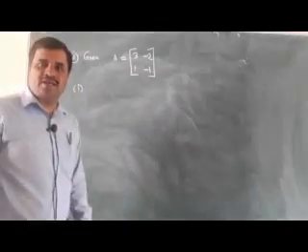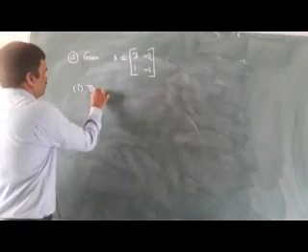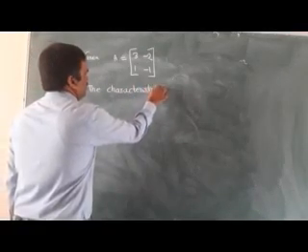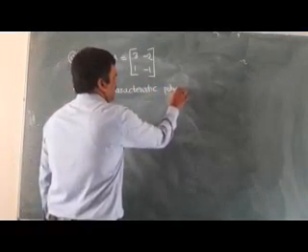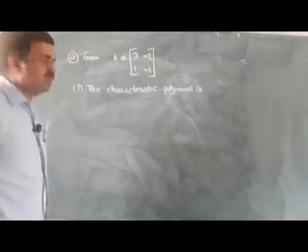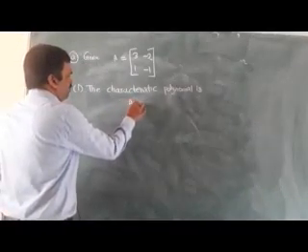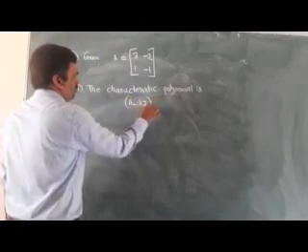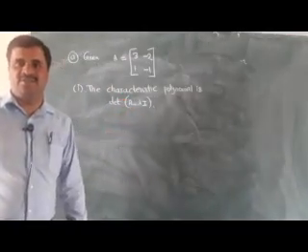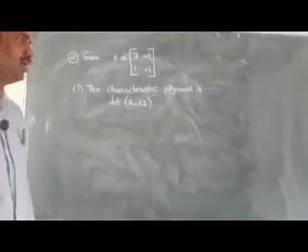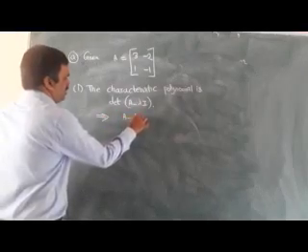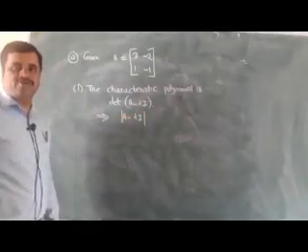Number 1: the characteristic polynomial is the determinant of A minus lambda I. This we have to find.